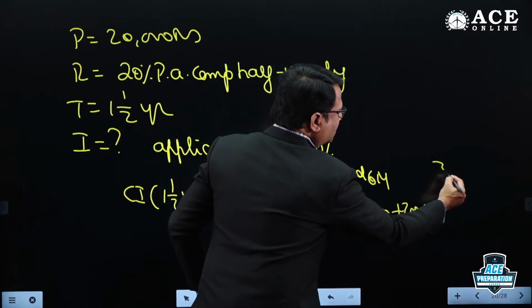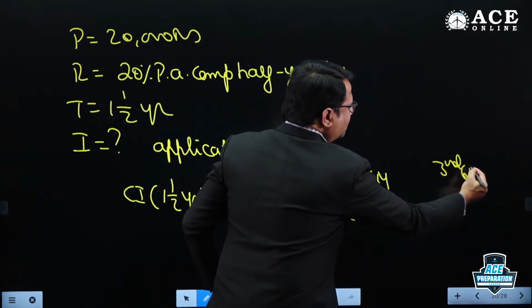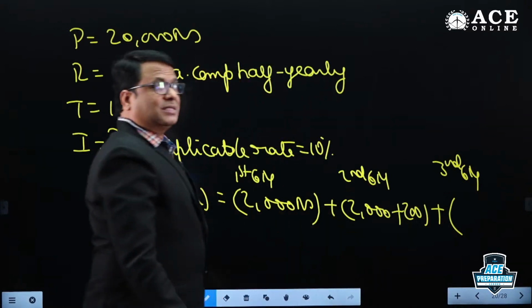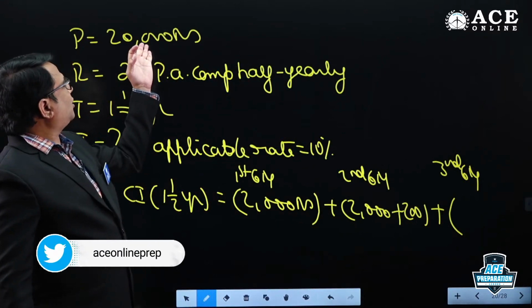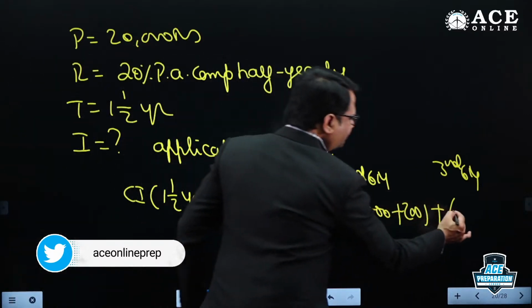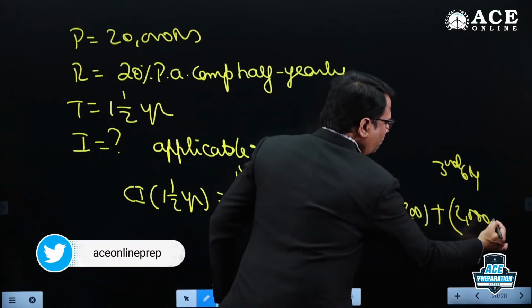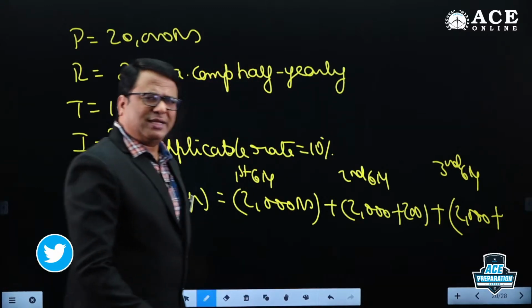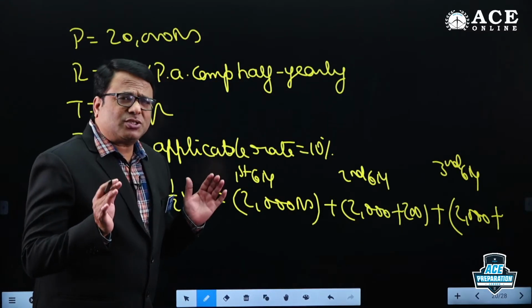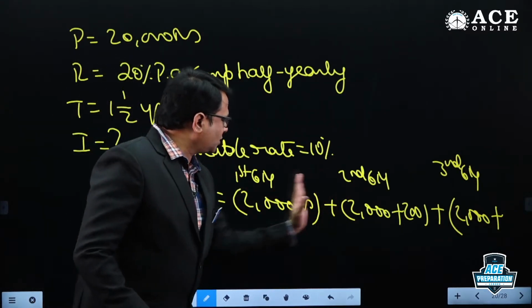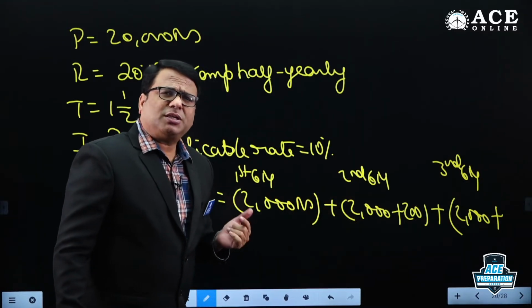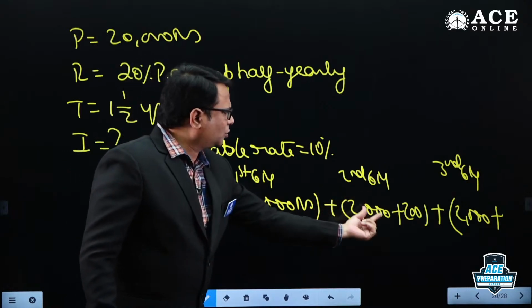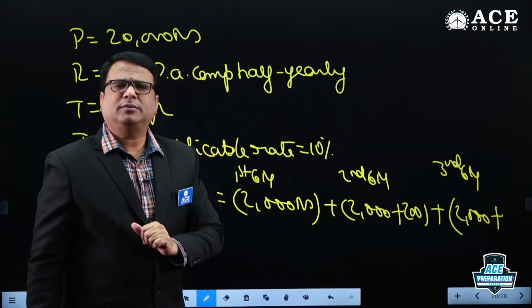Then third 6 months. Once again, we calculate interest on principal. So 10% of 20,000, 2,000. Plus, now how much interest is accumulated in the first two periods? Here 2,000, here 2,200, 4,200.